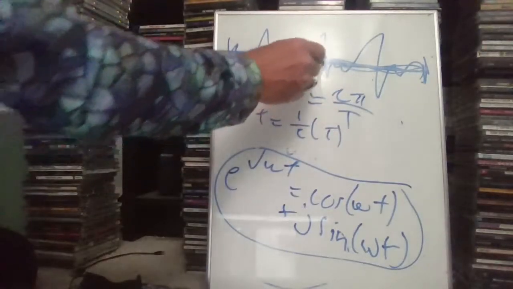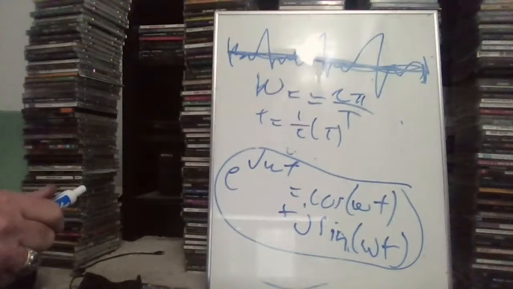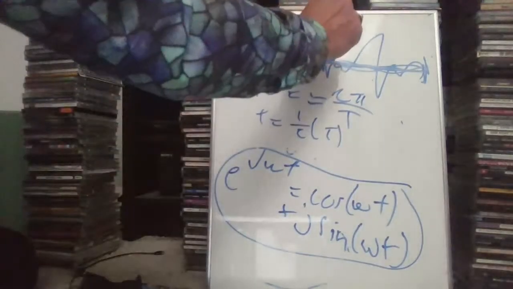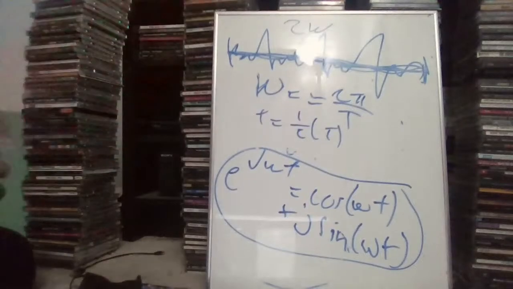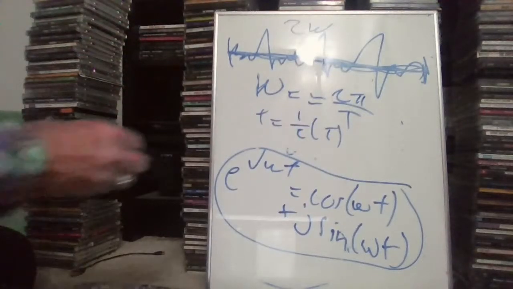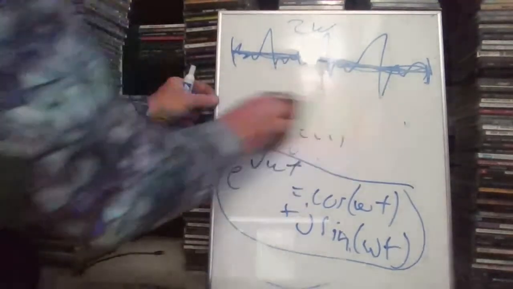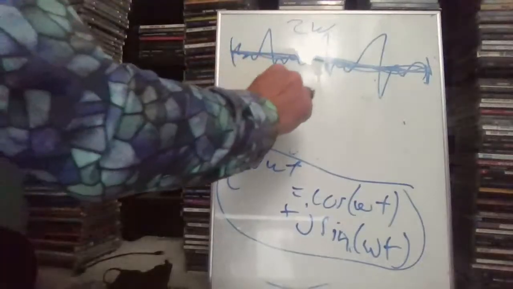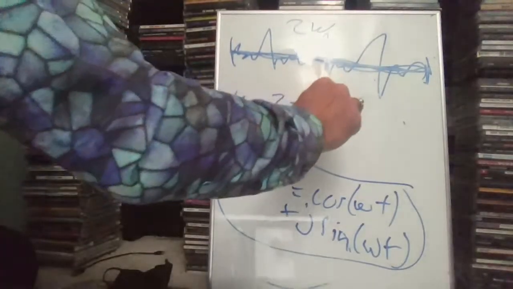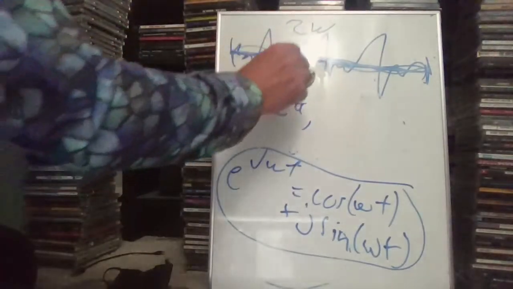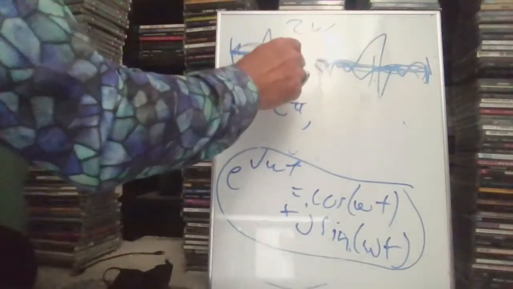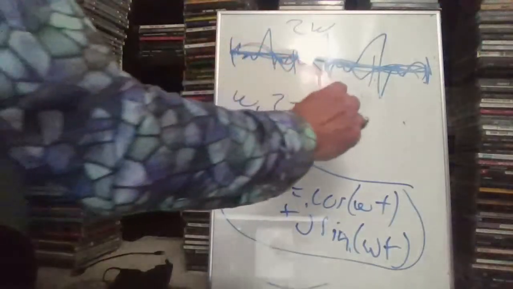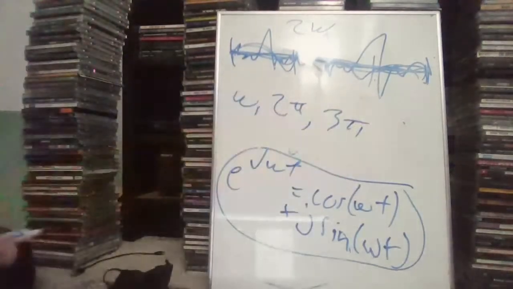That would be an overtone, 2 omega. Twice the fundamental frequency is also a frequency that the thing vibrates at. So far it vibrates at omega, 2 omega. And of course you could have a third of the period, but 3 times the frequency.